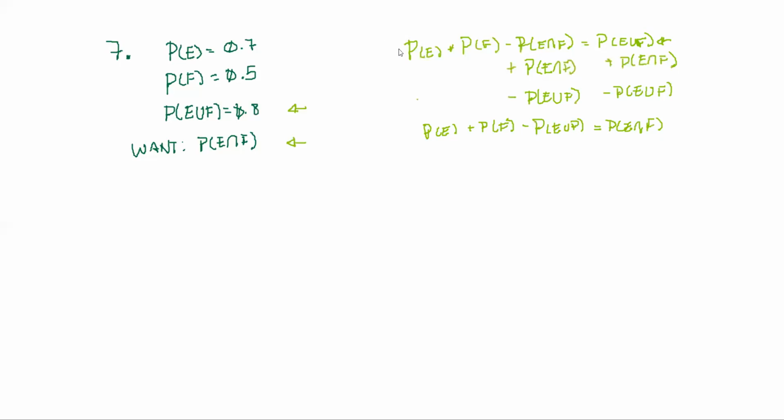That being said, let's go ahead and put the actual numbers in. We have P(E) equaling 0.7 plus P(F) equaling 0.5 minus 0.8 is equal to P(E intersecting F).